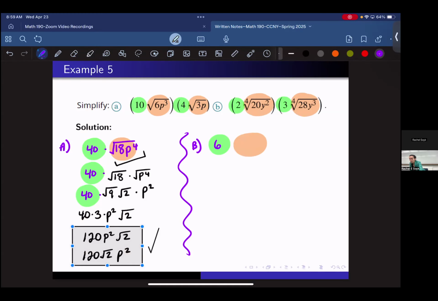Well, 20 times 28 gives you, let's see, 10 times 28 is 280. Double that and you get 560. So 20 times 28 is 560. And then we have y to the second times y to the third is y to the fifth.